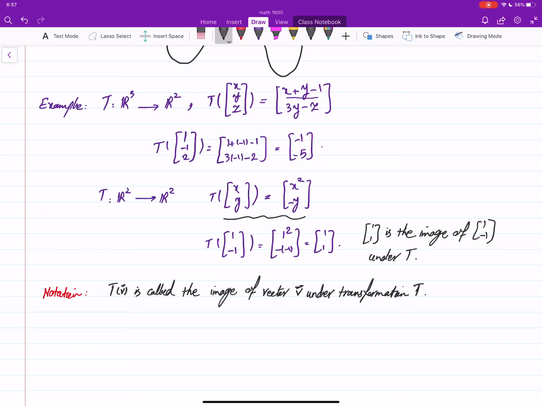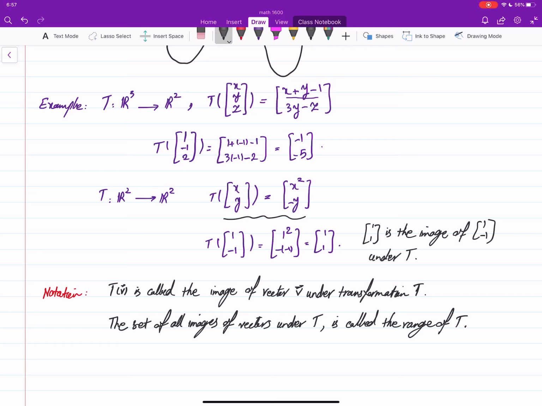Another notation: we call the set of all images of vectors under T the range of T. So you put all these vectors that T maps there, put them all together, that will form a set.